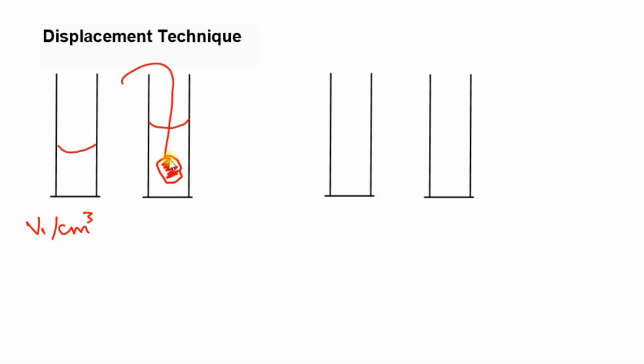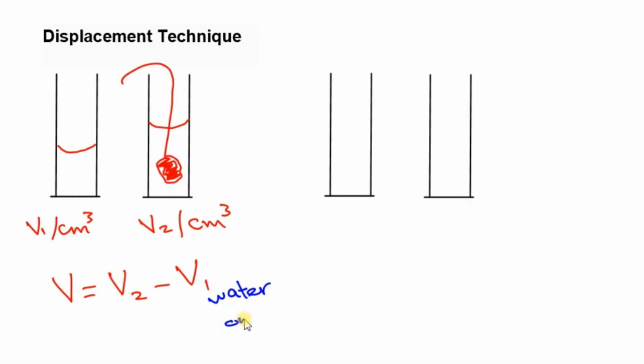Here, if we have a piece of rock, which is a sinking object, the volume will change to V2. In this case, the volume of the object is equal to V2 minus V1, where V1 is the volume of water only, and V2 is water and object.